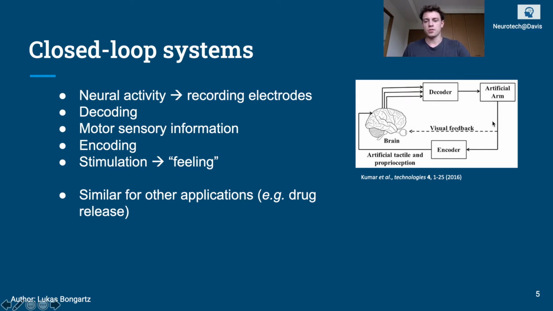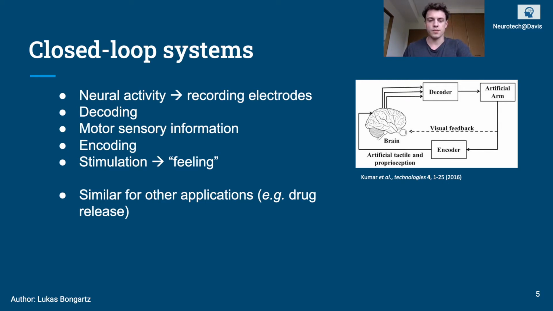But it would be great to provide some way of an artificial feeling for the arm. This would be possible, for instance, by touch sensors or heat sensors at the hand. And what we then need is an encoding process. So we encode the signals from the touch sensors, for instance, and input those signals again to the brain, to the neurons, and thus we can provide something like an artificial feeling.